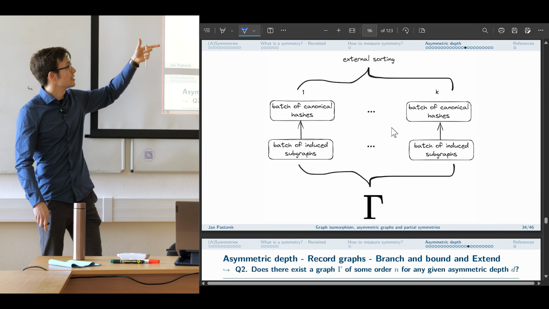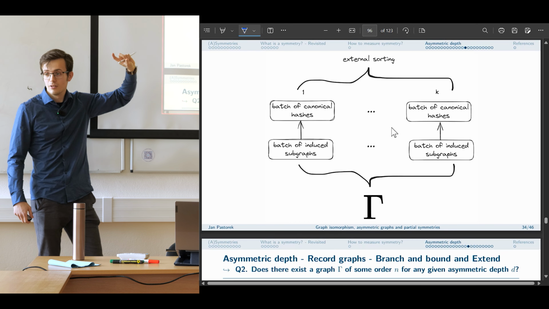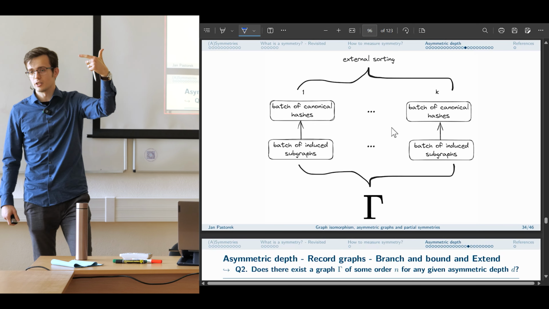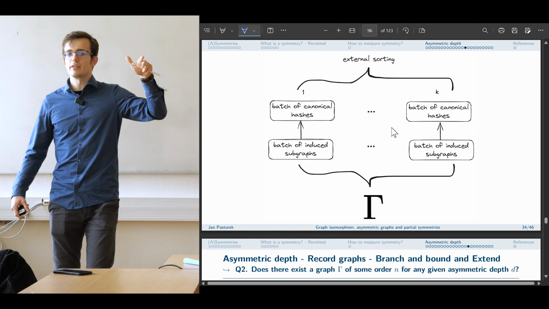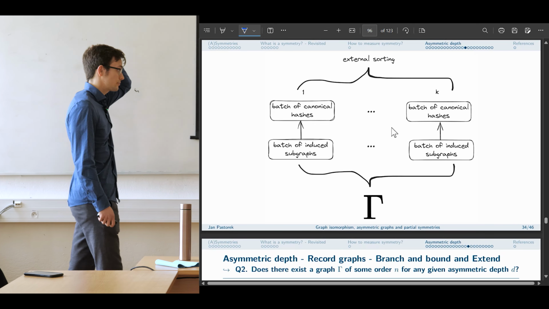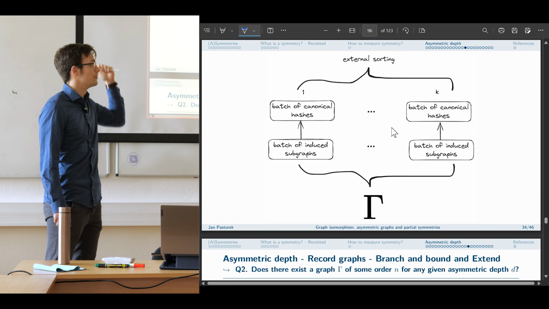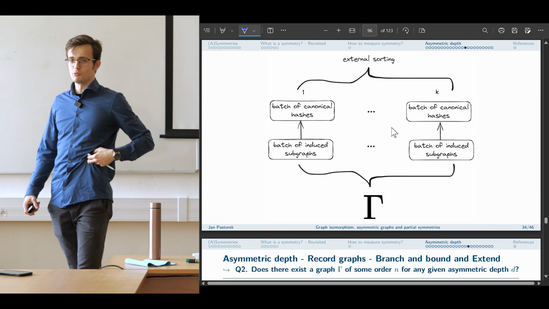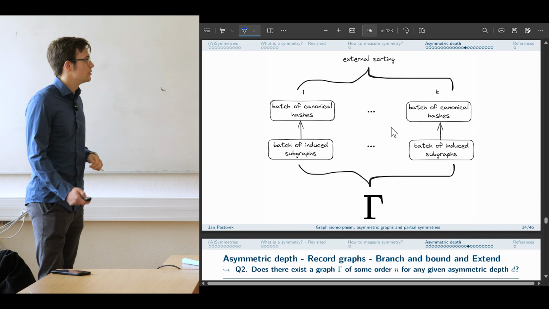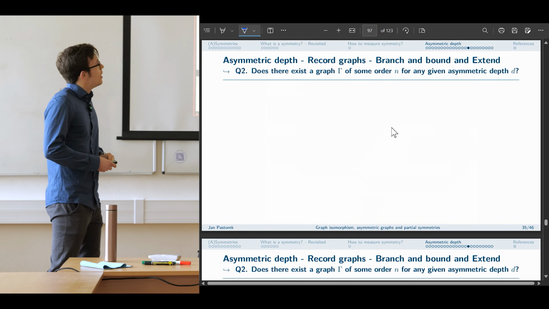And as it turns out, you can then sort them without loading them all into memory, with a method similar to merge sort. Okay, and this I hope will work, and I hope that I can then use parallelism using this.